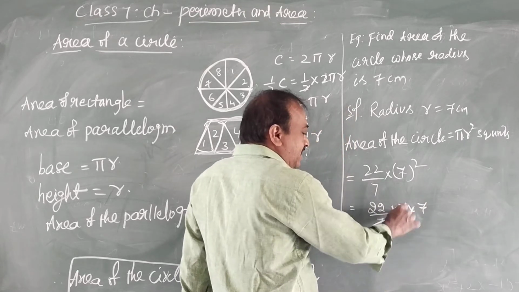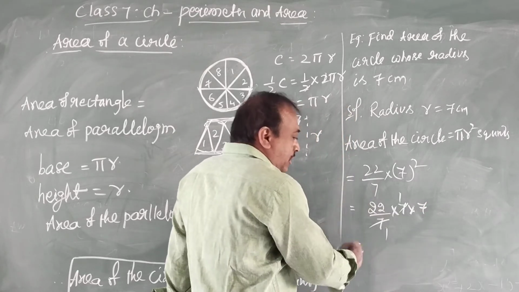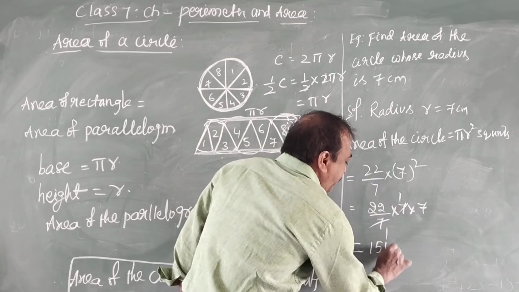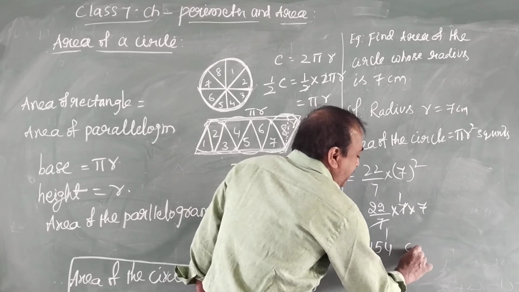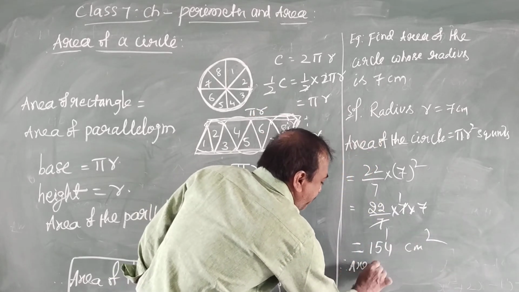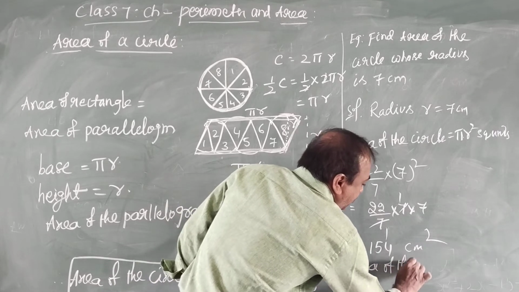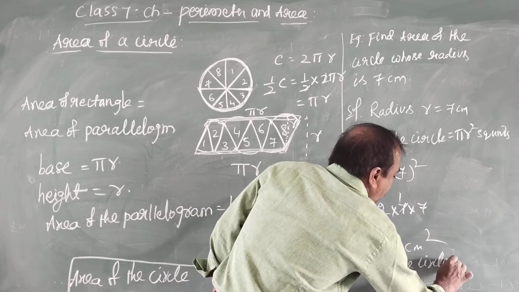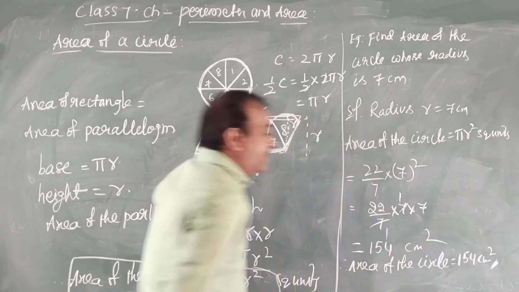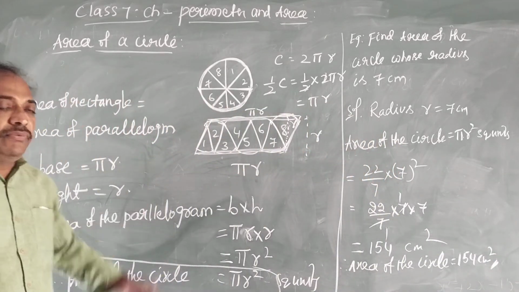So 7 ones are 7, 22 into 7 is 154 by 1, not necessary, centimeter square. Therefore, area of the circle is equal to 154 centimeter square. Like this we will find it.